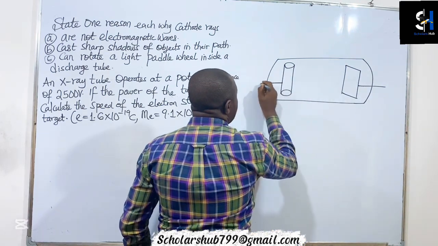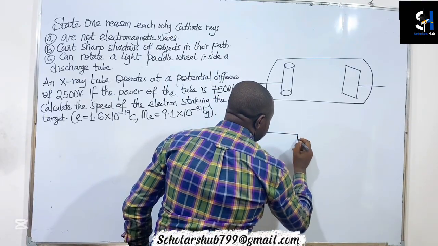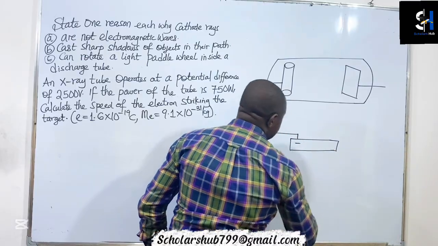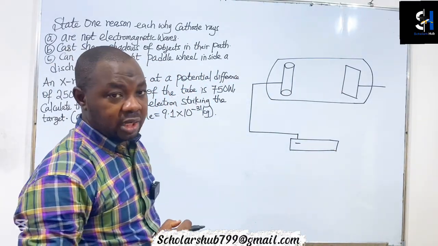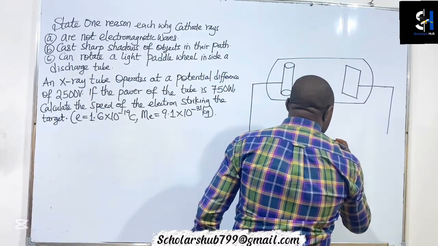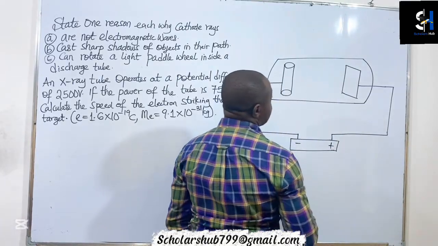Now, one of the electrodes is connected to the source of electricity. That is, it is connected to the negative terminal of the source of electricity, while the other electrode is connected to the positive terminal of the source of electricity.